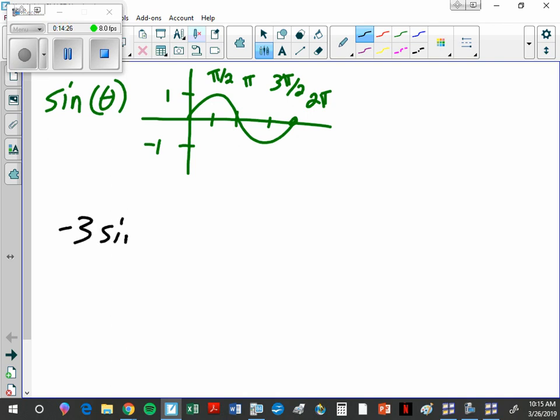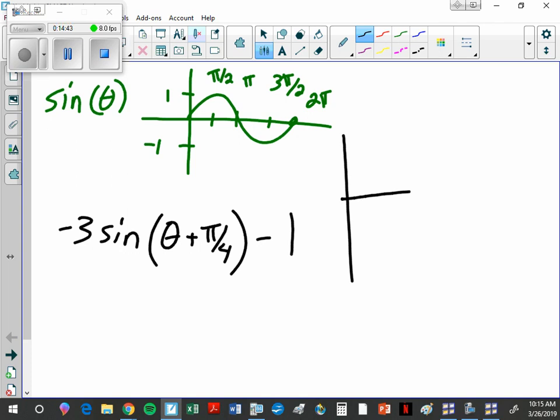-3 sine of theta plus pi over 4 minus 1. So we have to start on the inside first. What is this going to look like? Well, I'm going to shift everything left pi over 4. So my normal graph has pi over 2, pi, 3 pi over 2, and 2 pi.